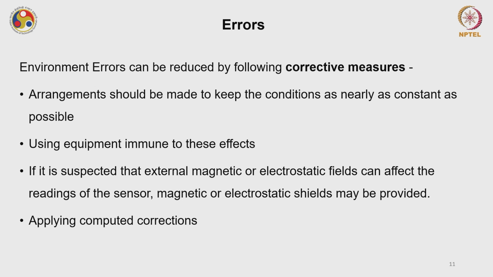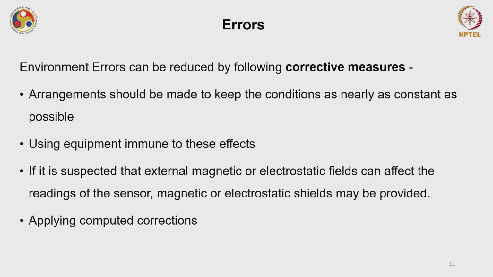So if I know that the operating condition of my sensor is such that there is some external device which can produce a magnetic field, and my sensor is susceptible to changing its output in the presence of these factors, we can provide some external shielding.